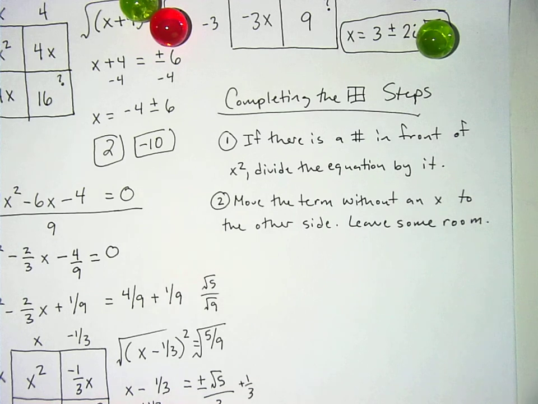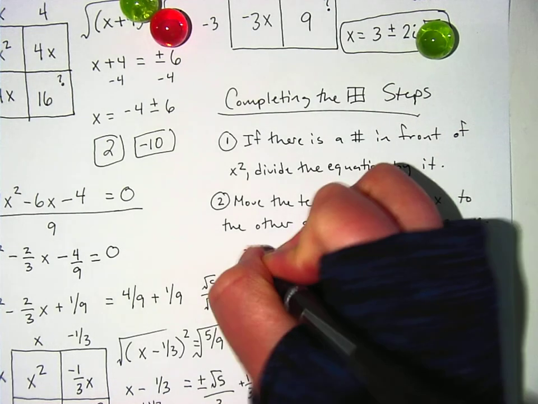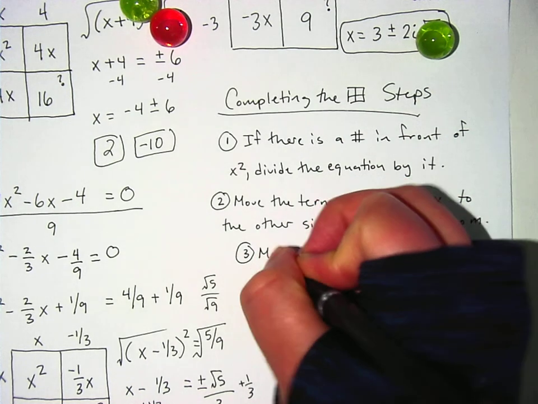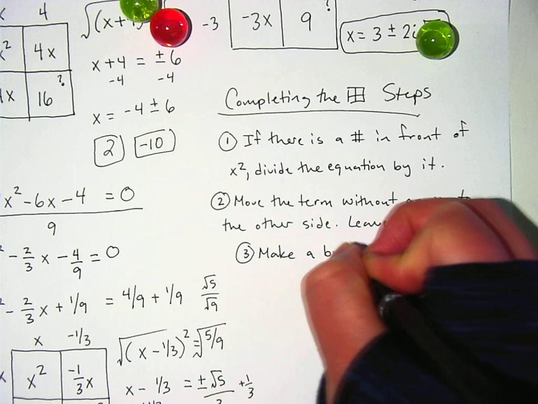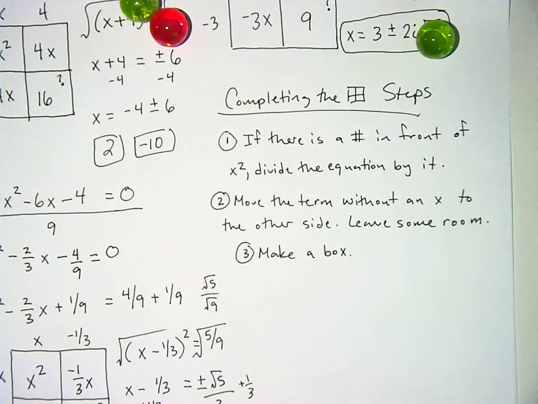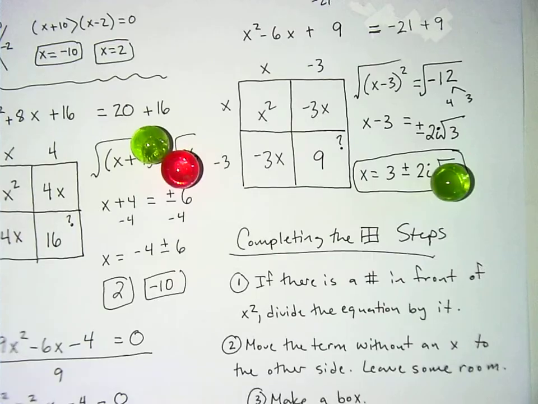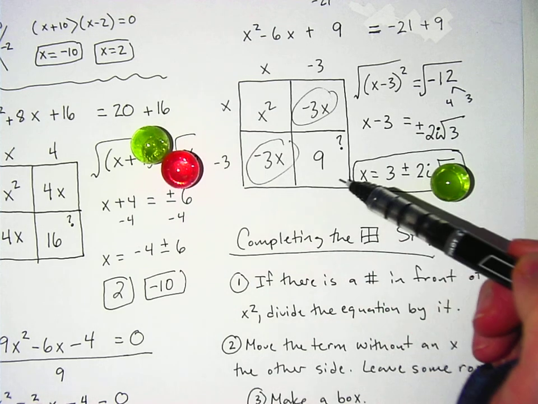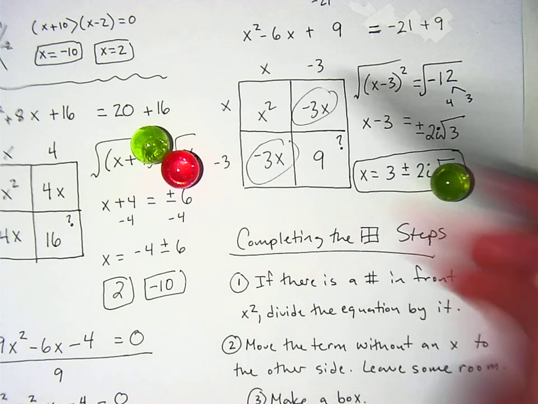Thank you. I also wrote leave some room. Step 3, make a box. How did we decide what goes in the box? How do we decide what goes here and here? Right, and it has to be the same number.